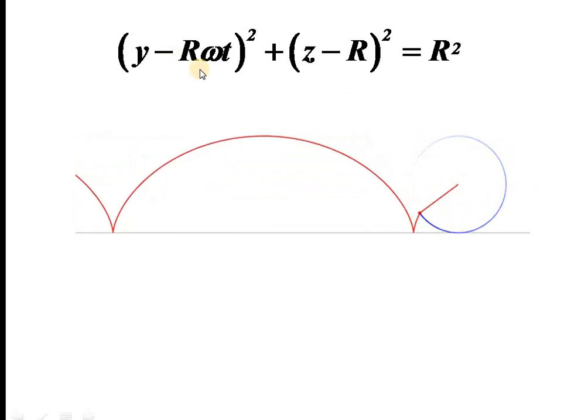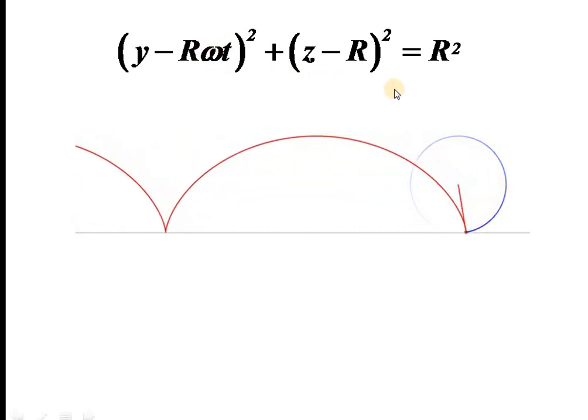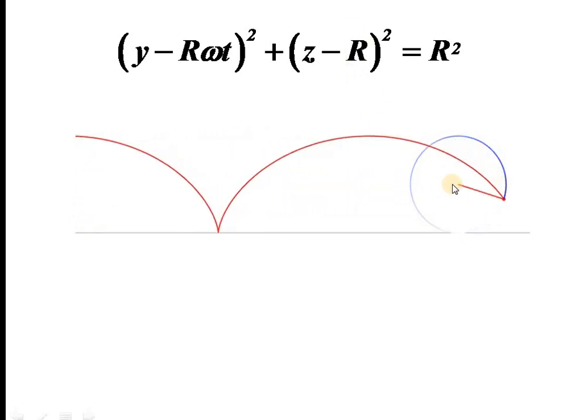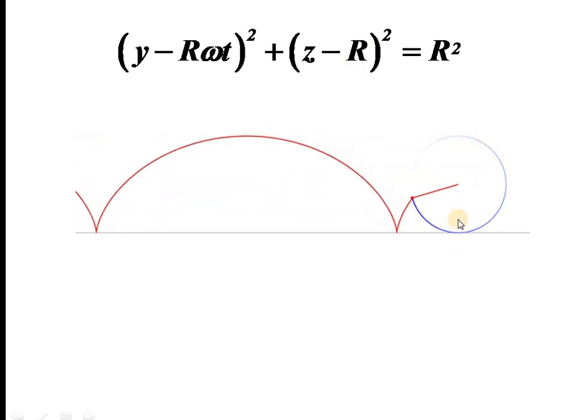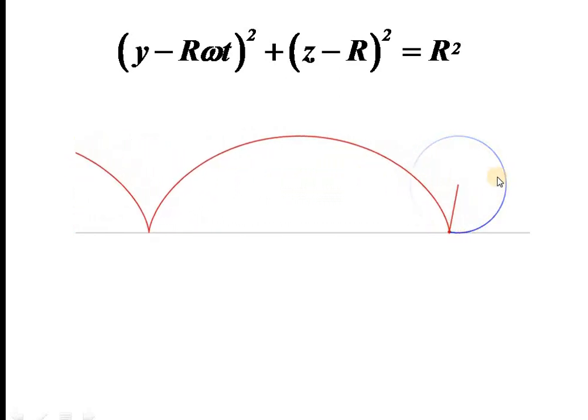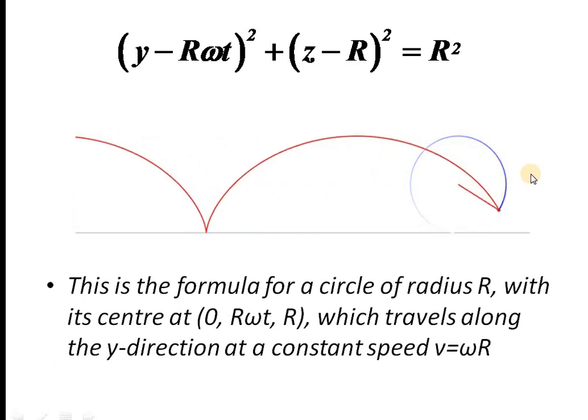So it is not a static equation, it is a dynamic equation where the center point is moving. The y coordinate is moving, but the z value is remaining the same. You can see this value is remaining the same, whereas the y value, that is the distance along y, is varying with time. So that is the equation of a cycloid.